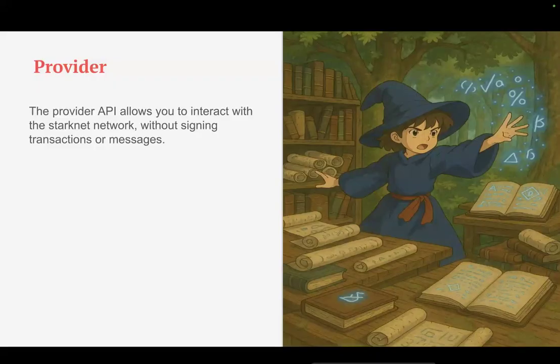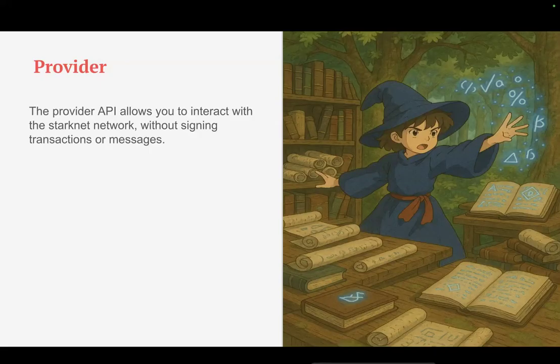All right, so what's a provider? The provider API allows you to interact with the Starknet network without signing transactions or messages. This is the API that enables the connection with a node.